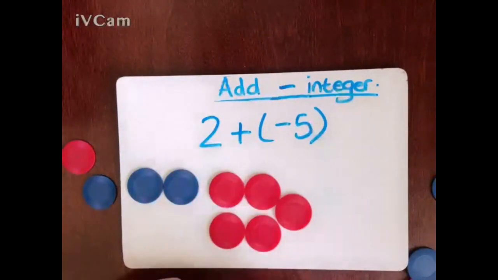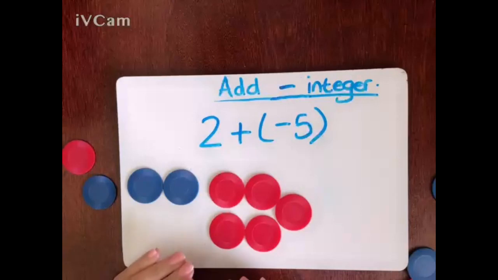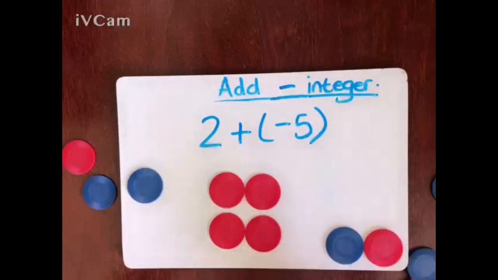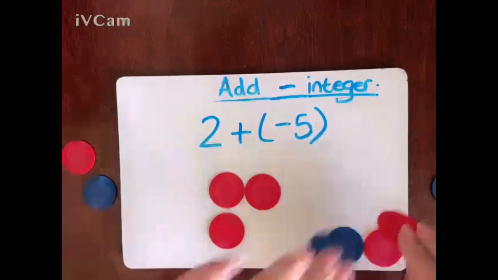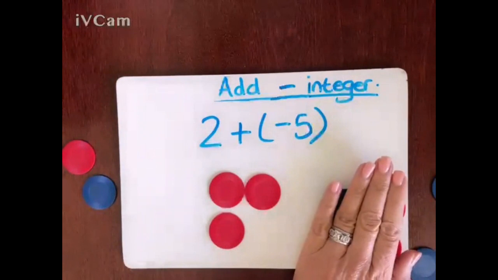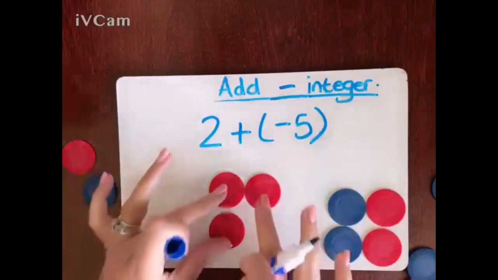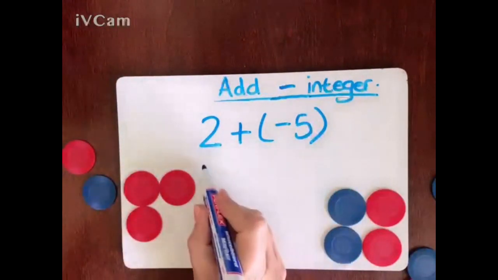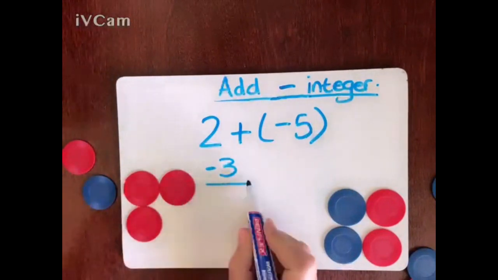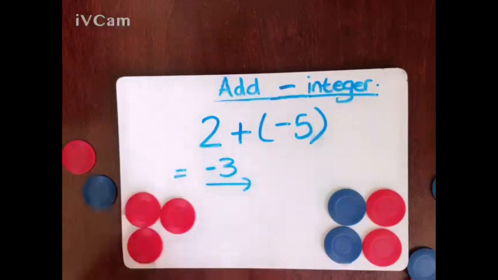Right, how are we going to count this? By making 0 pairs. So I'm taking a blue and a red one. That makes 0. That's a pair. Blue and a red one. So this is 0. What am I left with? I am left with these 3 discs, and they are all negative discs or red discs. That's why my answer is negative 3.